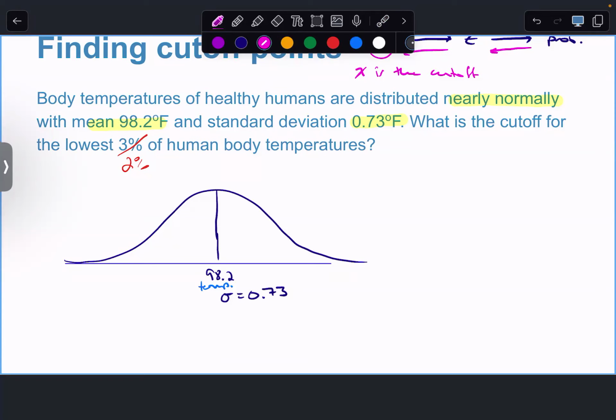And the lowest, I changed it to 2%. The lowest 2%, remember, it's just to visualize. I'm going to force this lower area to be 2%, to be 0.02.